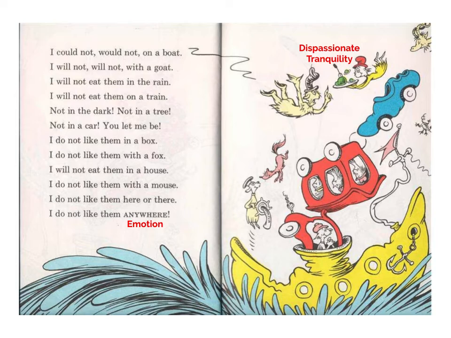Again, the strong emotion. Contrast this with Sam I Am, who is the picture of dispassionate tranquility, unriled by emotion. He is totally calm, tranquil, peaceful. Even as he's flying through the air and one of the green eggs is saying goodbye to his little platter, he's okay.